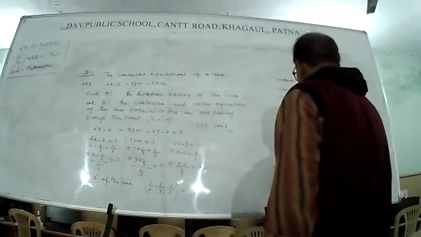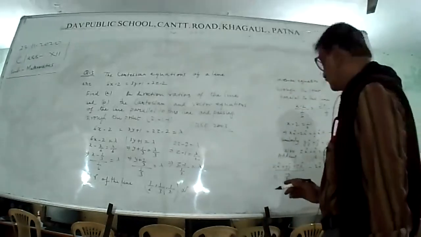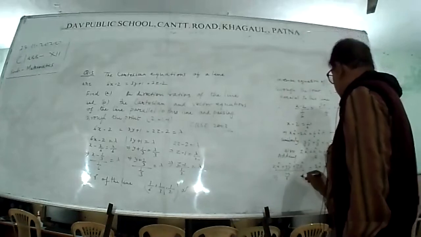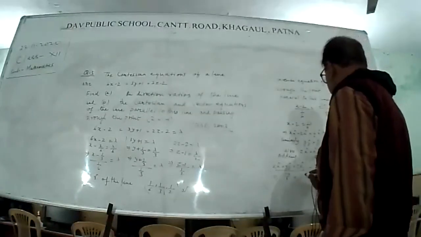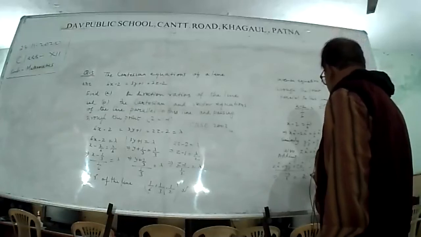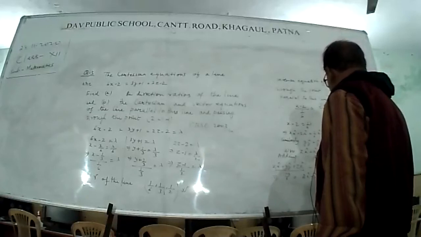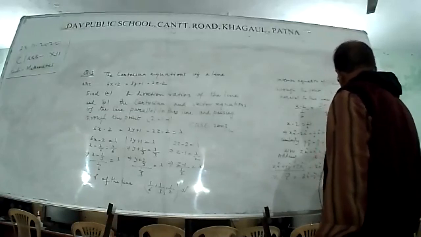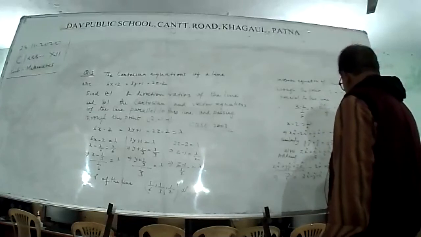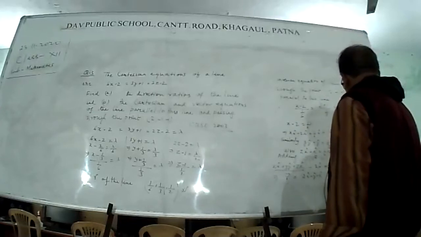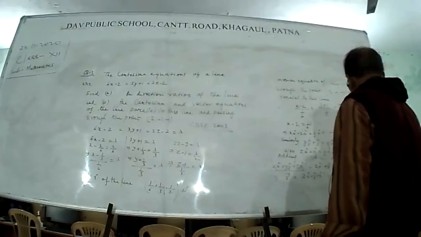We know that xi unit vector plus yj unit vector plus zk unit vector is equal to r vector is equal to, by transposing, we change the side, 2i unit vector minus j unit vector minus k unit vector plus lambda into 1 by 6 i unit vector plus 1 by 3 j unit vector plus 1 by 2 k unit vector.